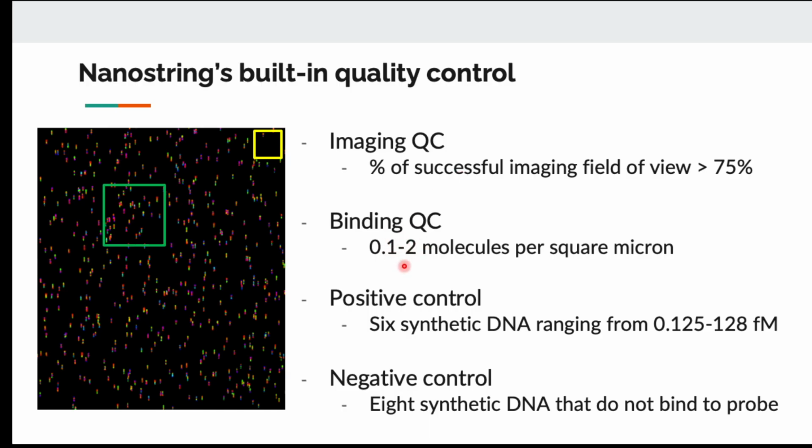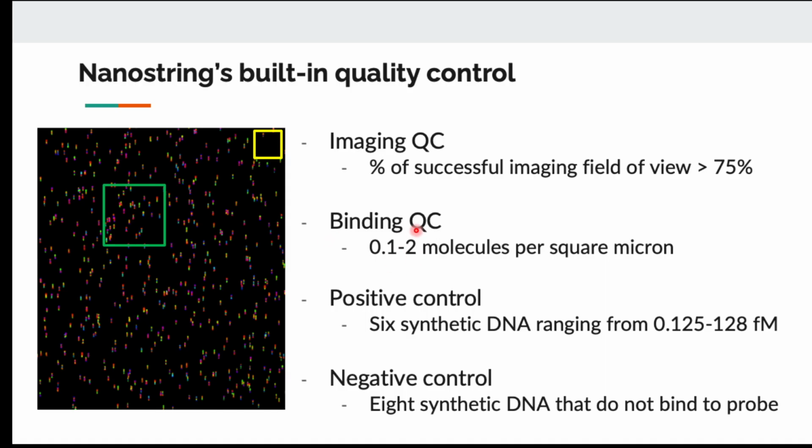And they have some expectation that if your RNA concentration is what you want it to be, they are expecting about 1.1 to 2 molecules per square micron in that data, because you don't want the fluorescence to be clouded. If you have multiple colors on top of each other, you cannot decode which gene they are.